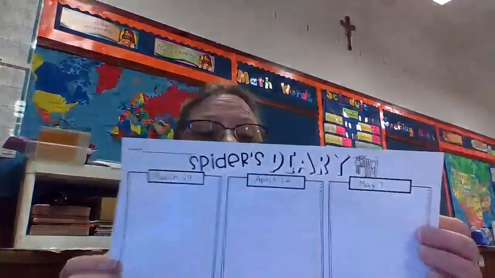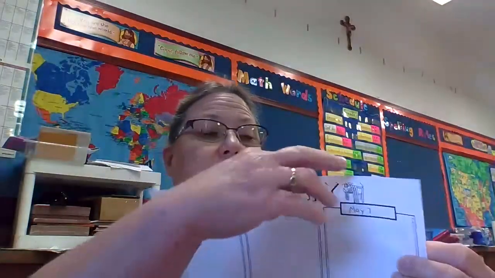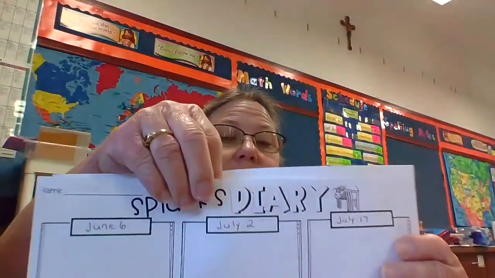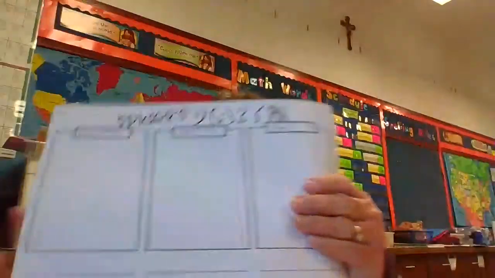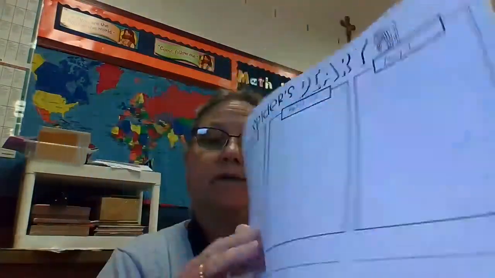So today for reading, you are going to need the back-to-back page that has the spider's diary. They look like this, and like this. We're going to read certain parts of the spider's diary.